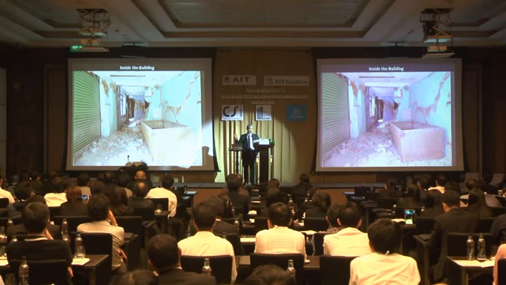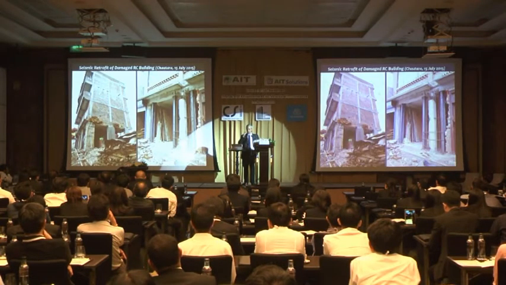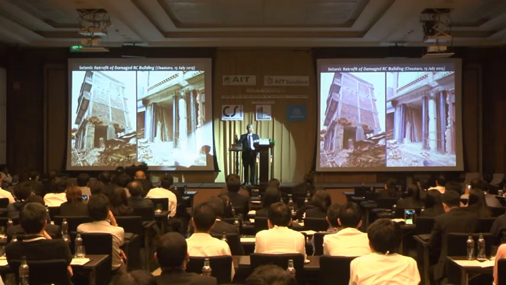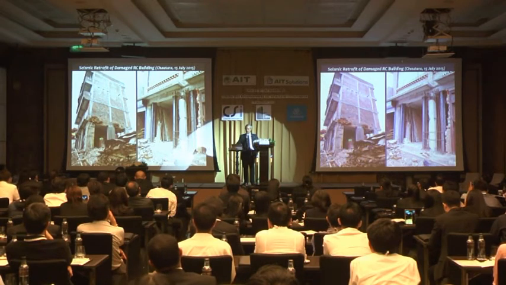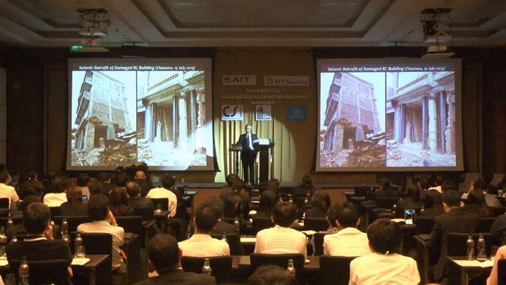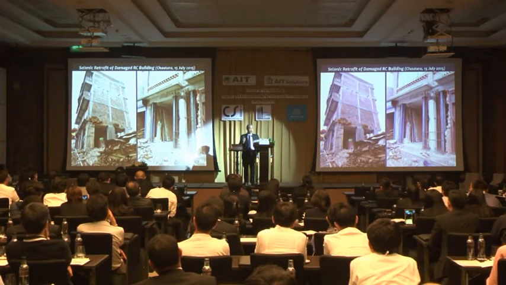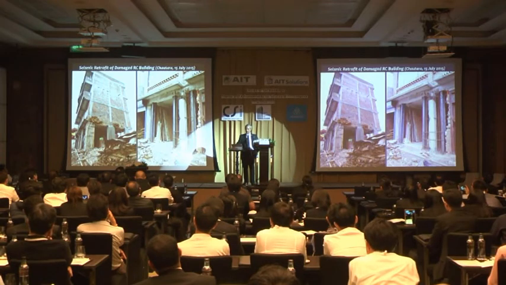And internally, a lot of damage. Yeah, that's how a building has been repaired or strengthened after the earthquake. So by the local contractor, they strengthened the column in the first story. I think that's a good solution because that's the most vulnerable part.